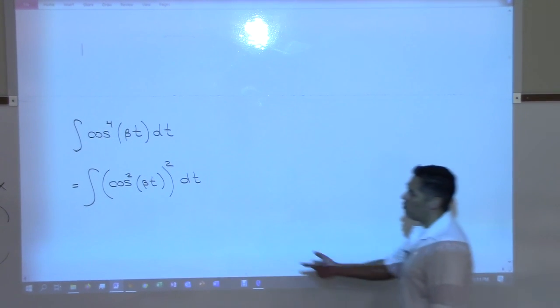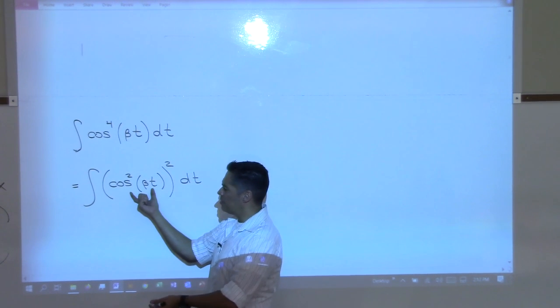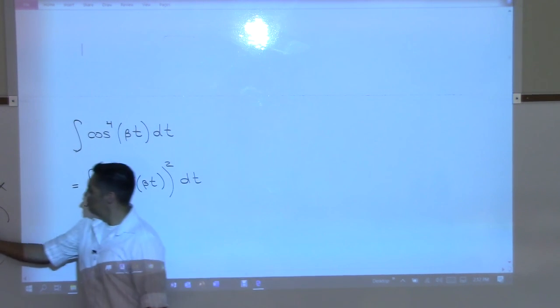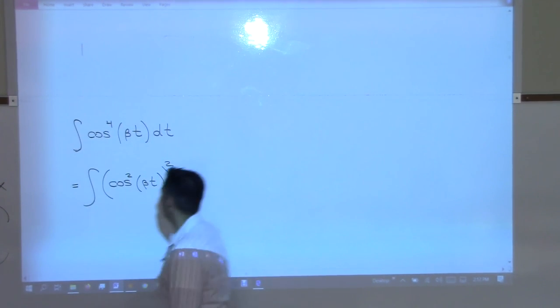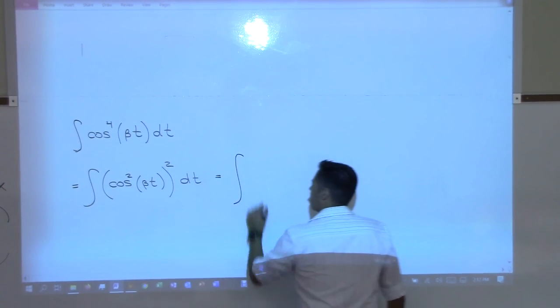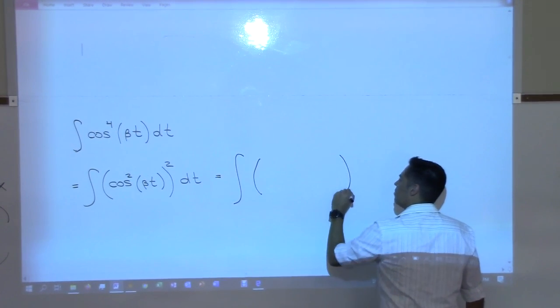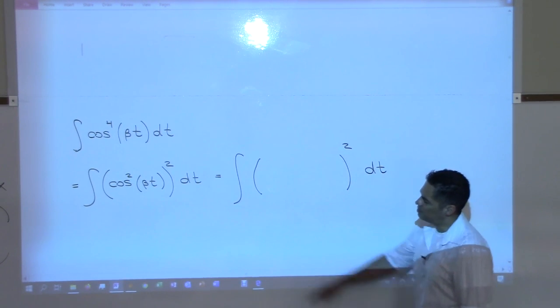But cosine squared beta t can be rewritten using this one right here, the bottom one. So let's be careful on how we use that. I'm going to have something here squared dt, right? So what is it that this becomes?